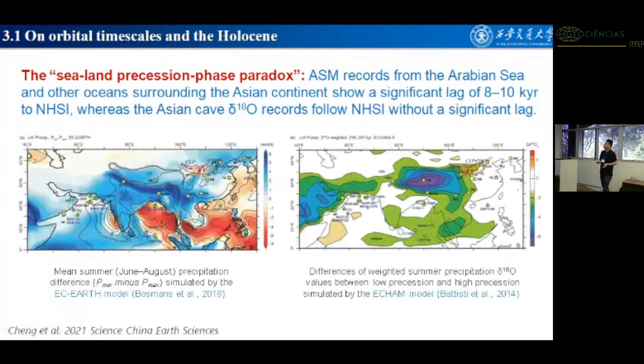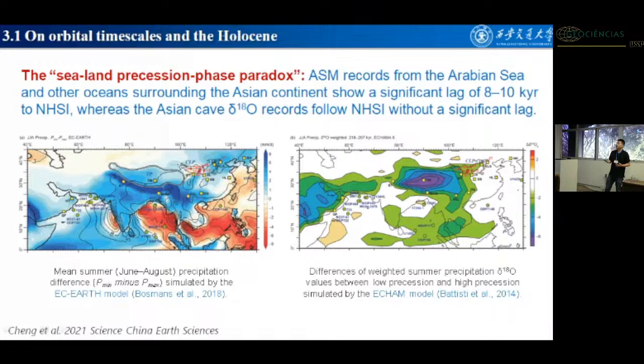Let's check the model results. This is the iLOVECLIM model result. We can see this is P minimum minus P maximum, which means when the insolation is high, the monsoon is strong.